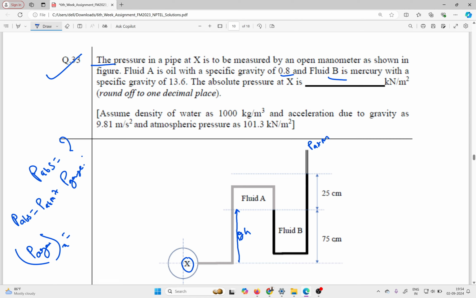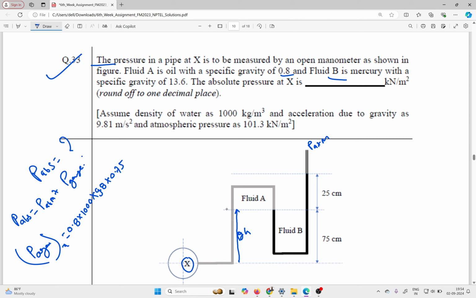H is 0.75, and rho is for oil with a specific gravity 0.8, so 0.8 into 1000. Why 1000? Because we are converting from specific gravity to the density of the liquid, into g 9.81, into depth 0.75.